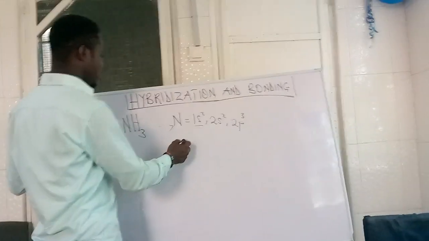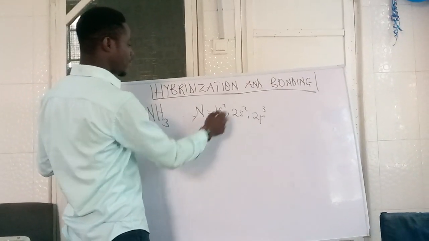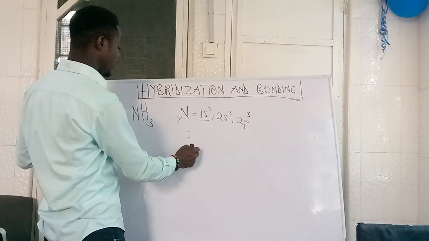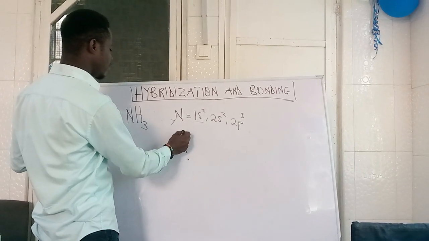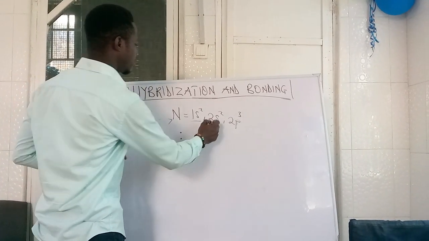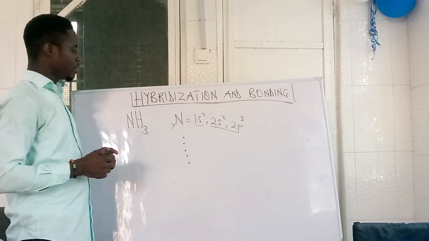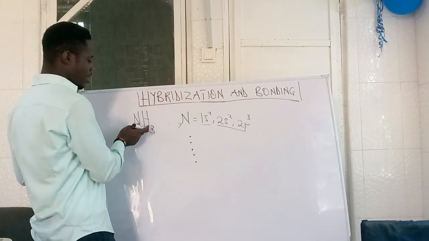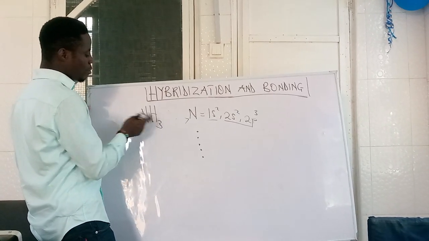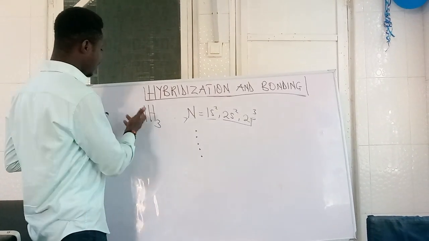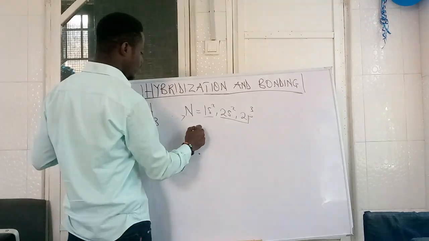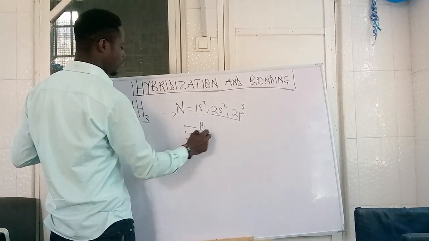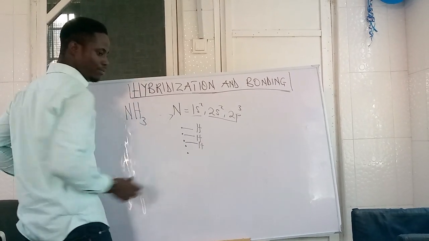So we can see clearly that nitrogen will have 5 electrons at the outermost shell which will undergo bonding. So this 5 will have to form 3 covalent bonds with the hydrogen. So we have NH3. Let's look at the first one. This hydrogen will pick this, the second one will pick this, and then the third one picks that.